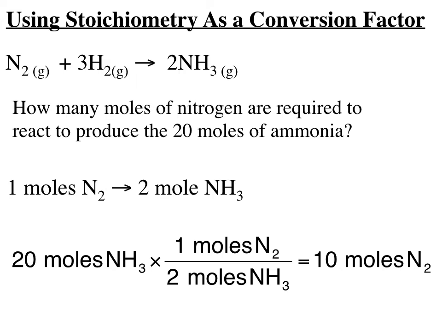So instead of the ratio I show there, I would have used 30 moles H2, 1 mole of N2 for every 3 moles H2. And when I divided that out, I still would have gotten 10 moles of N2 reacting when 30 moles of H2 react. All these things have to hang together because the stoichiometric coefficients are telling me the ratio and proportion of reaction.